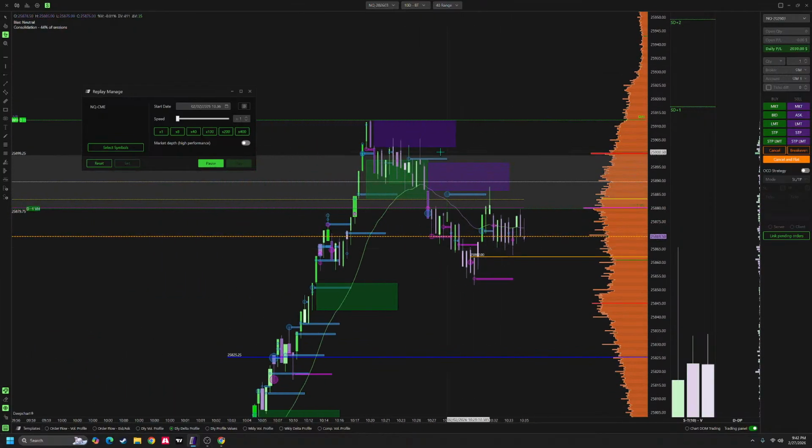So it's interesting that there's this zone that I marked exactly is where there was lots of two-sided trade and effort to almost responsive selling to push the price back down.